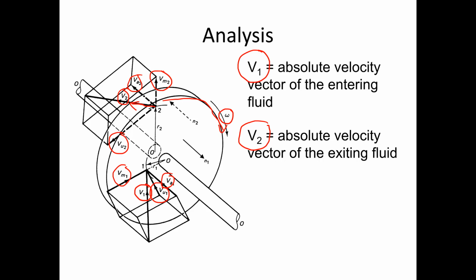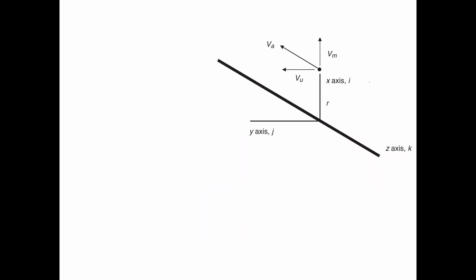So if we were to take this spinning axis and redraw a diagram here, where this axis is, this is again the z-axis, which is the axis of rotation.